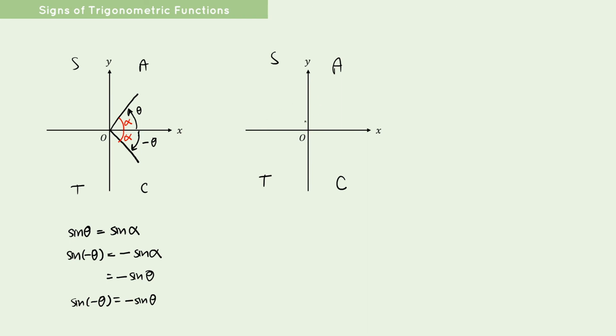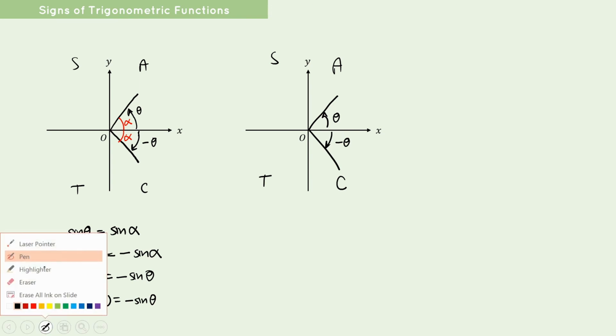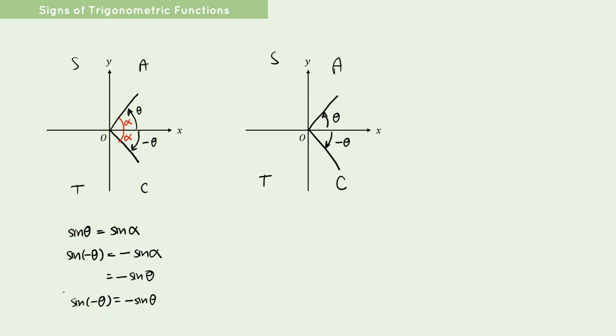So if we consider cosine, similarly, again the alpha is the same angle.